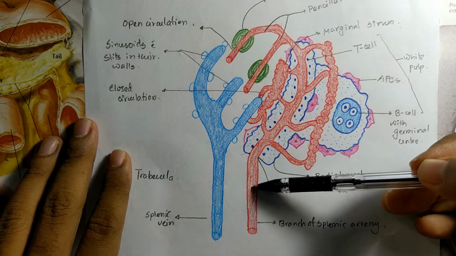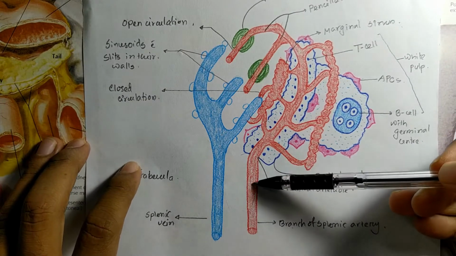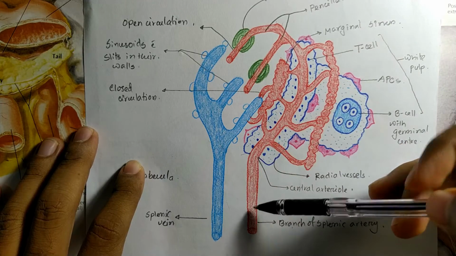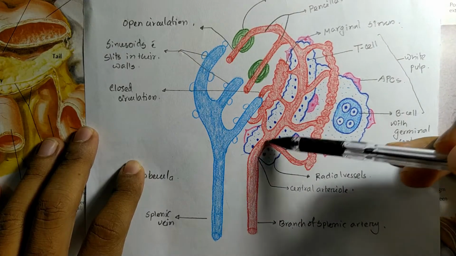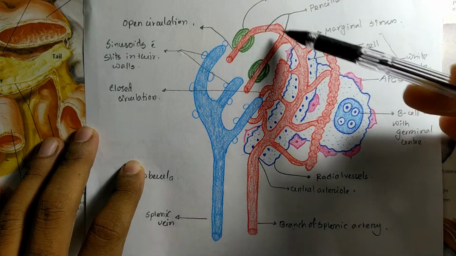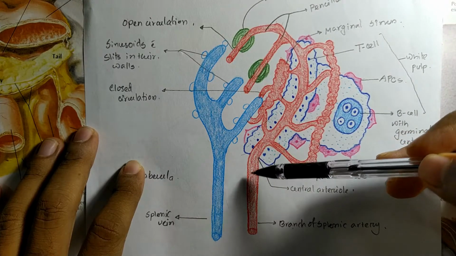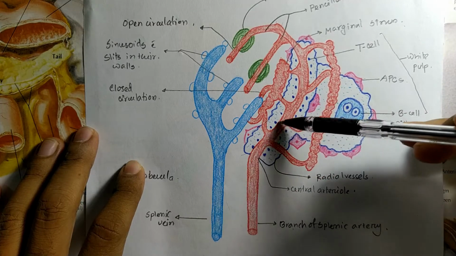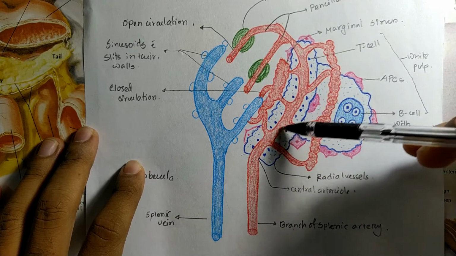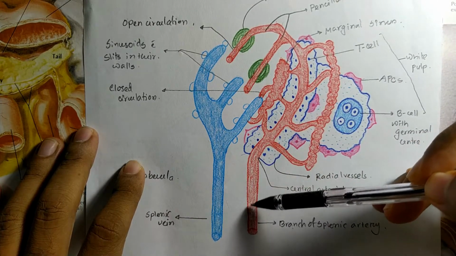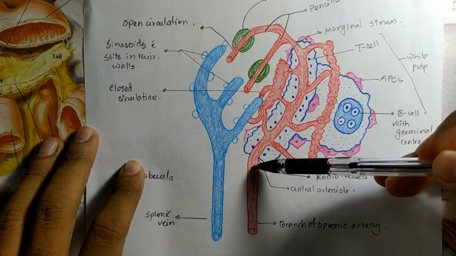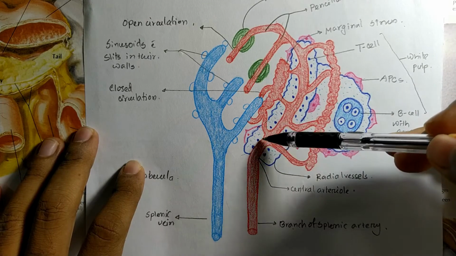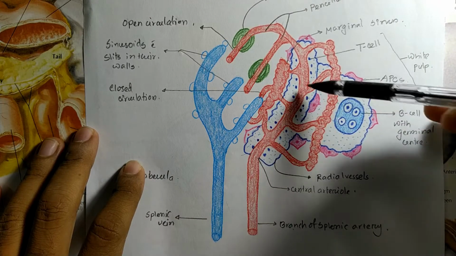When it enters into the spleen, it will branch as multiple arterioles. So these are the arterioles of the spleen, and this is the central arteriole. Okay, the splenic artery first continues as a central arteriole, and the central arteriole has different branches.